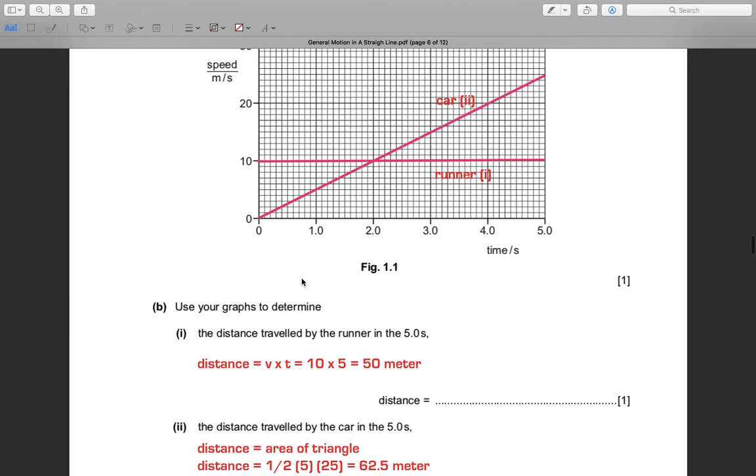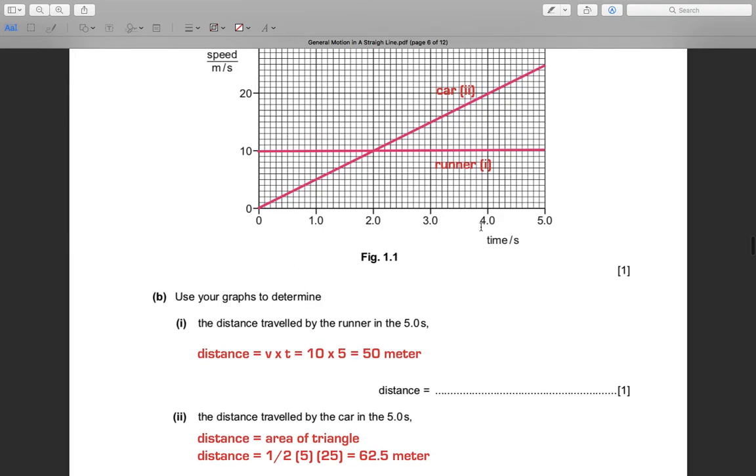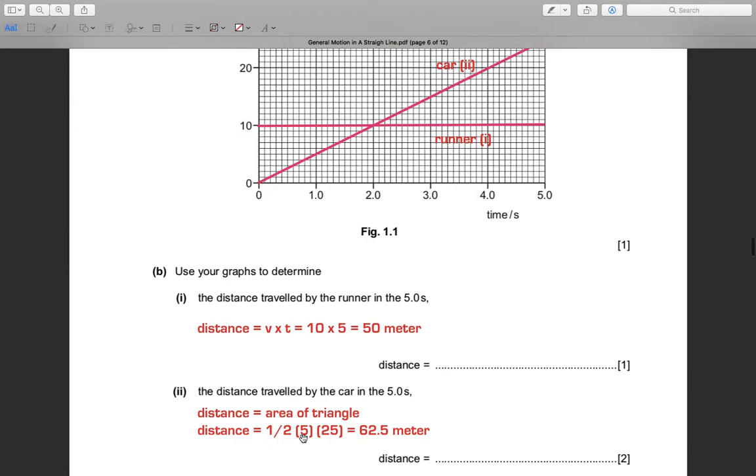The area of a triangle is a half times base times height. Height is 25, so a half times 5 times 25, we get 62.5 meters. This is the distance traveled by the car in 5 seconds.